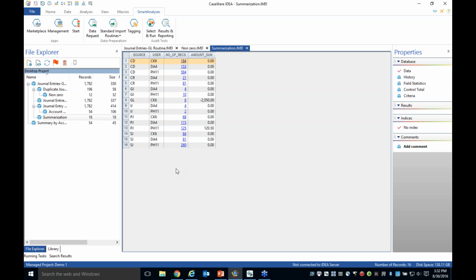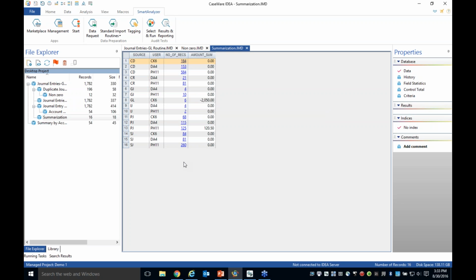And I look at this particular analysis because I'm trying to figure out, are there people who are doing journals that don't typically do journals, or are doing entries in sub-journals that they shouldn't be in? So I can look at the general journal here and find out that DA4 did 4 journal entries, and PH11 did 10 journal entries, and CK6 did 6 journal entries.